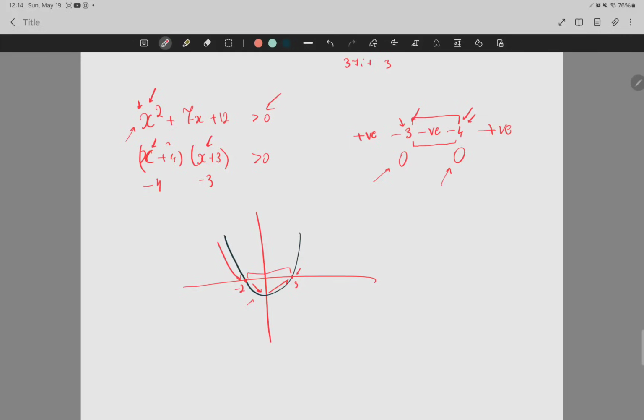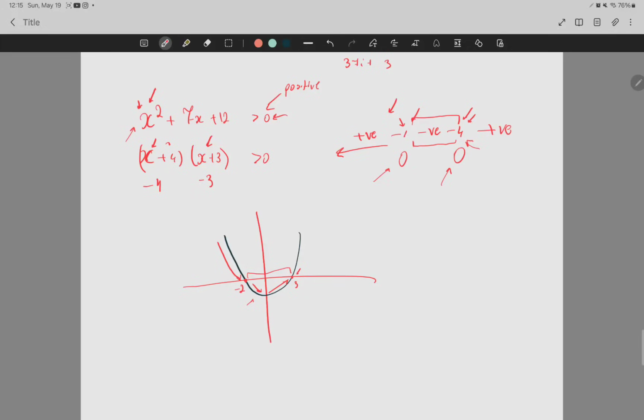That's just explaining why. So now can I solve? When is it greater than 0? Greater than 0 means positive. So when is my quadratic positive? My quadratic is positive for everything before negative 3, so when x is less than negative 3. Also, it's positive for everything after. Oh, wait, I drew it wrong.